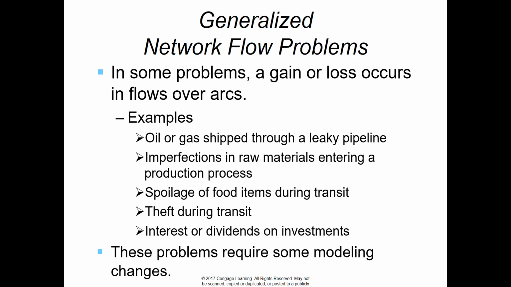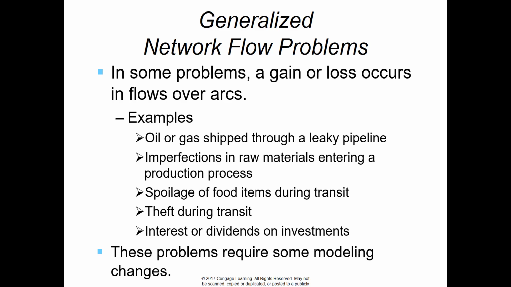In the previous problems we assumed that whatever we send out is going to be received by the node that we send it to, but there are some situations where that's not the case.